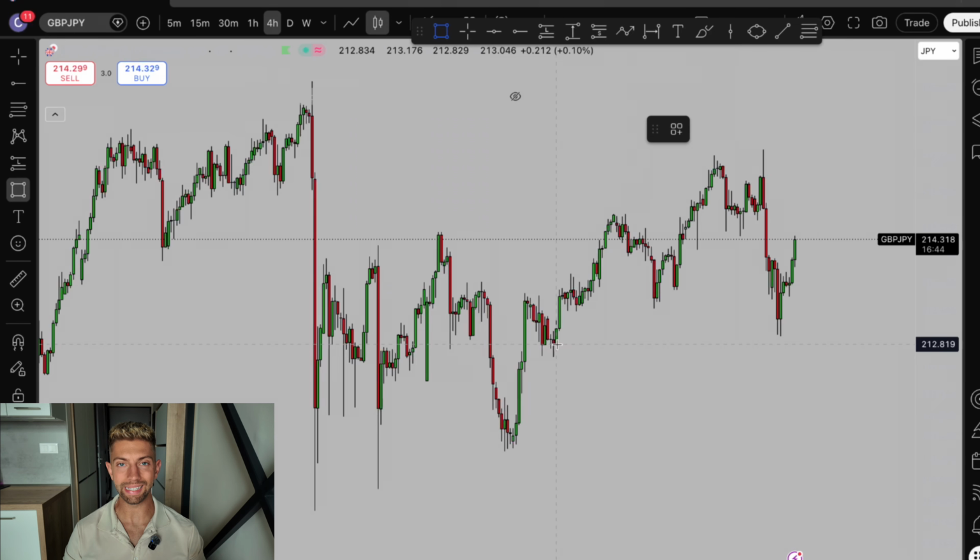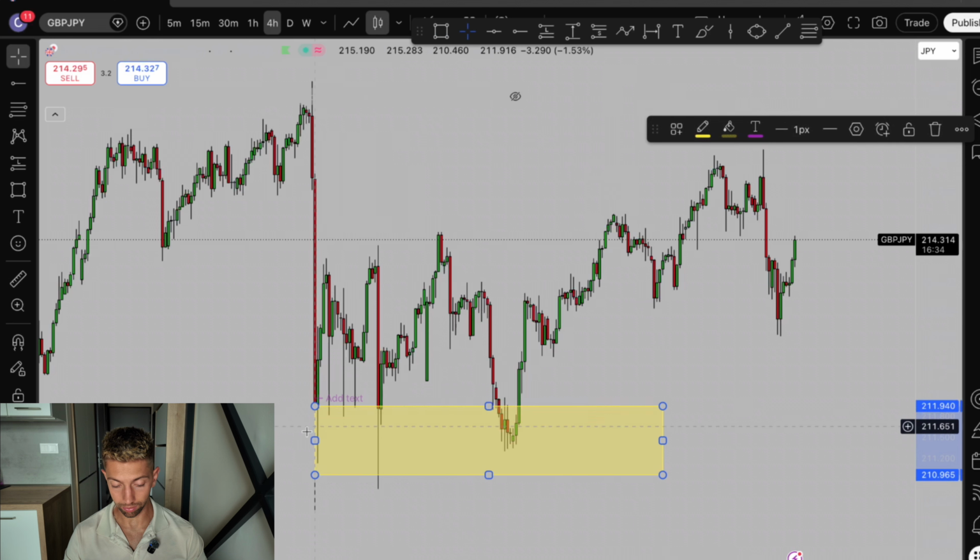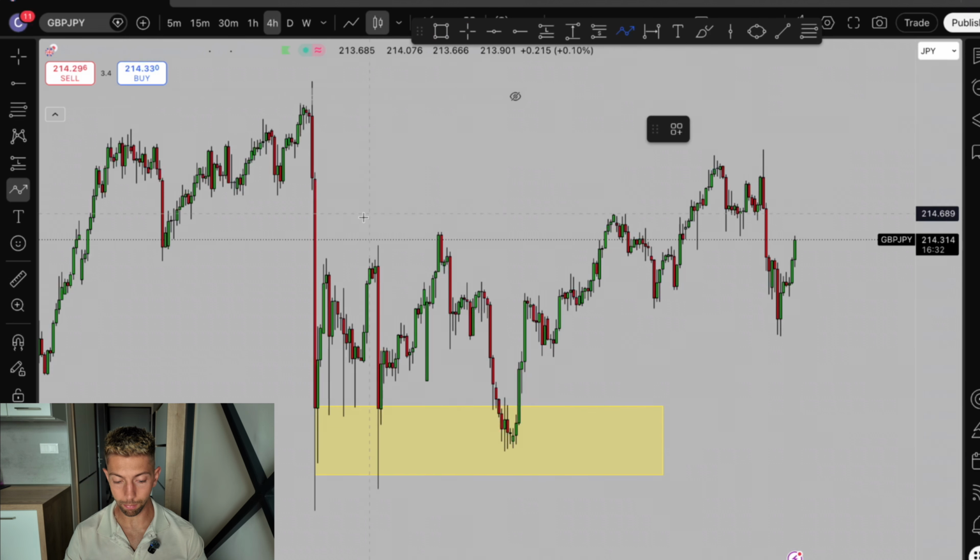Second thing is key levels. A key level is an area of interest where the market reacted in the past. If you can see right here, this key level down, whenever the market came down to that key level, we had a huge reaction to the opposite side.